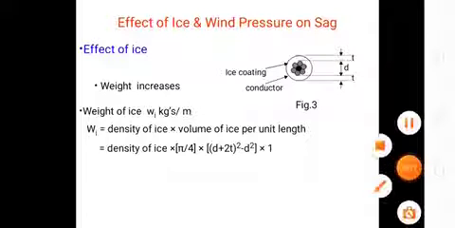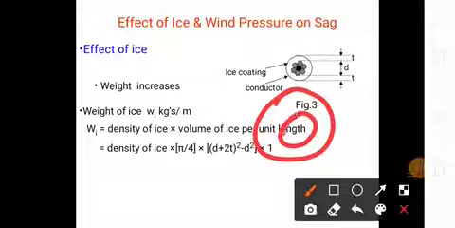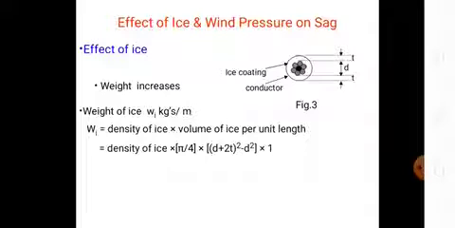Here it is the internal diameter, this is the thickness, and this is the external diameter, thickness is t. So capital D, the total diameter, is equal to d plus 2t whole square, because the thickness is on the two sides of the conductor and should be the same.